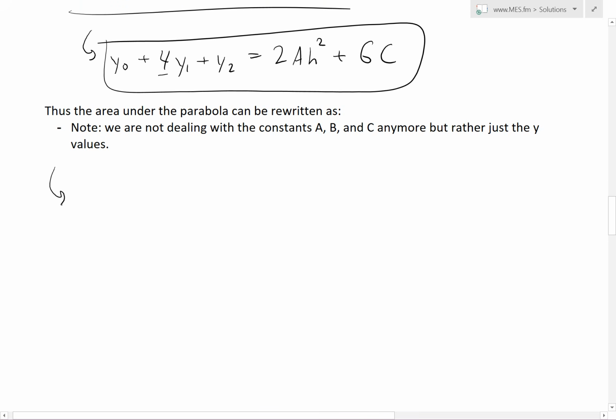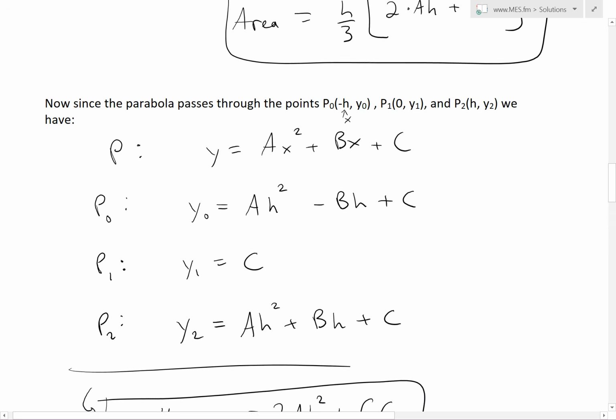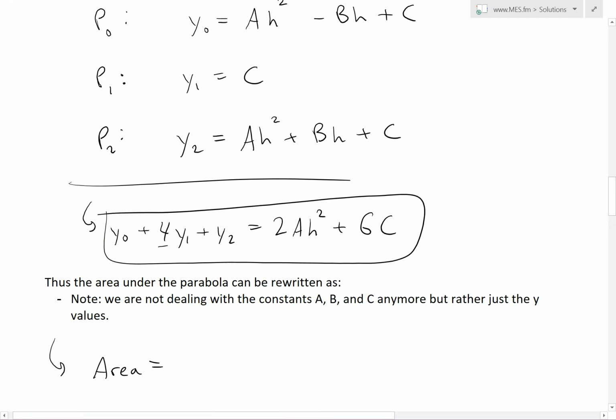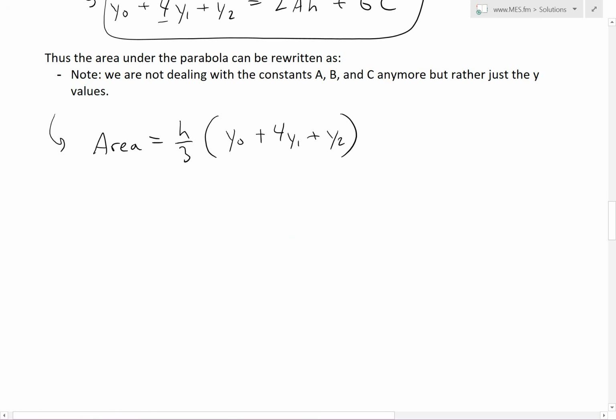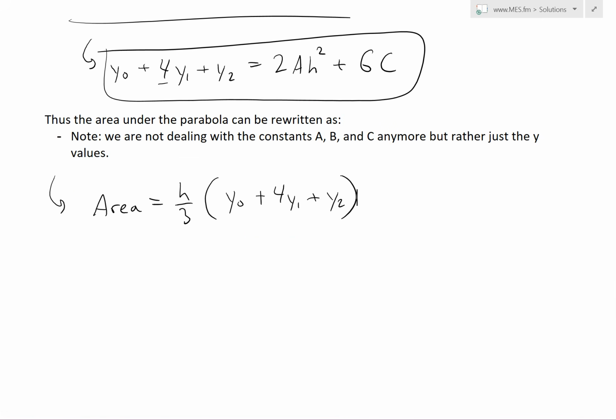So we get area equals, we'll scroll up, h over 3 times y0 plus 4y1 plus y2. So now we just need to know what y0, y1, y2 are, and we can do that because we know what our f of x curve is. And again we don't need to know a, b, and c.